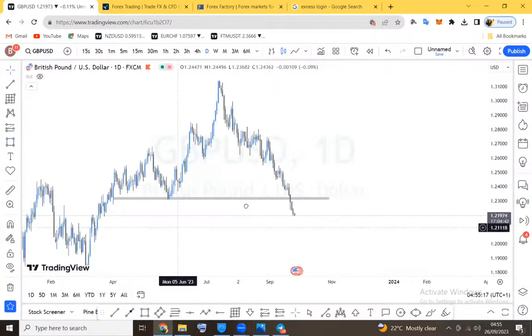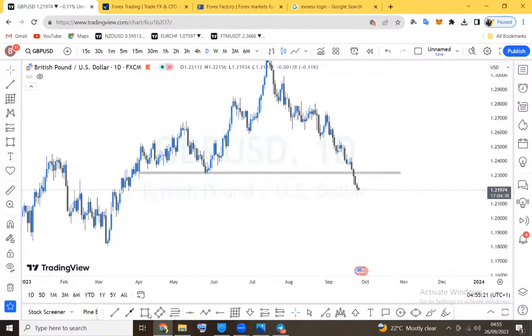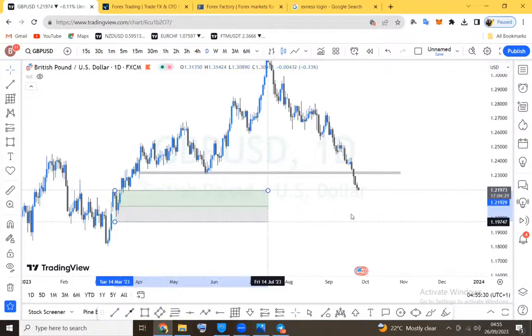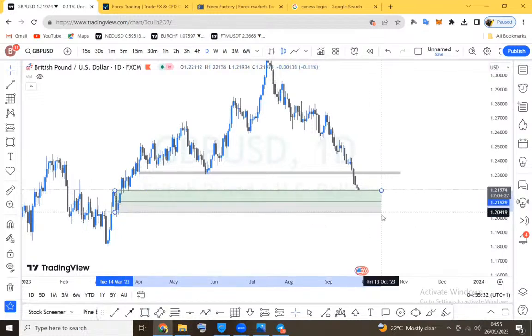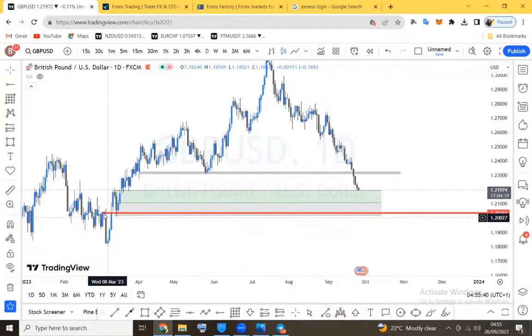Now, as long as we remain bullish, I can also see a very important price point on the GBP USD from this area here, where we could have an action for the GBP USD with a price floor around this red zone here.